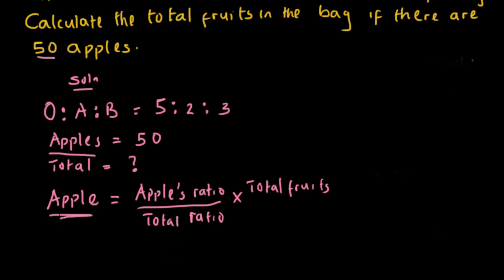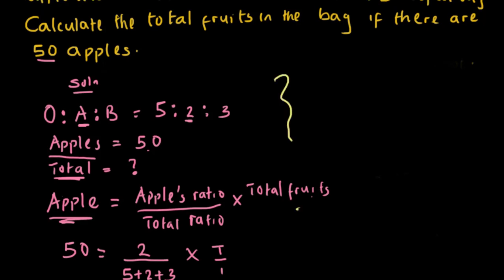Now number of apples, we know it as what? 50. So we'll put 50 equals, apples ratio is what? Apples ratio is the one in the middle. So we have 2 all over total ratio 5 plus 2 plus 3 times total fruits. That's what we are trying to find. So we can represent it as T.